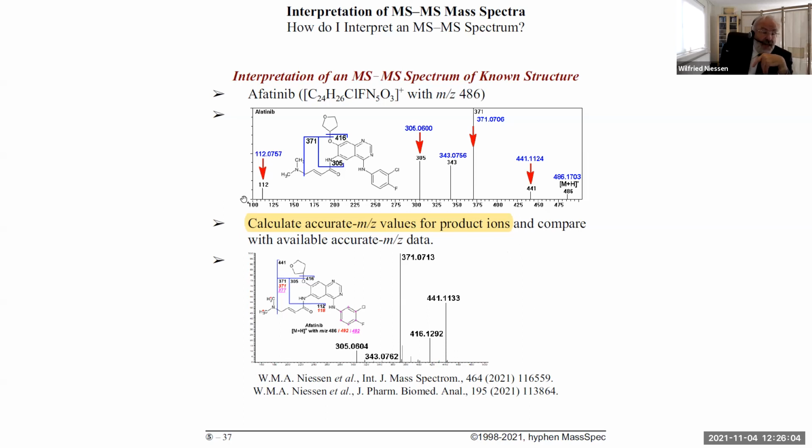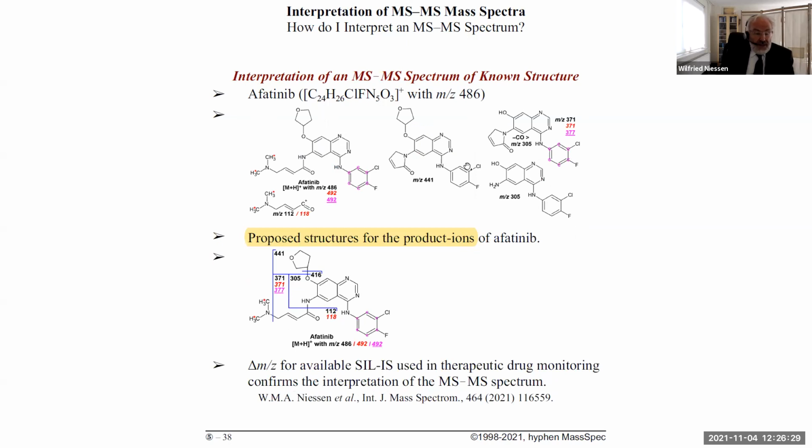And of course, in the ion trap, we don't see the 112 because that's way below the 30% of the M+H of the precursor ion. And we also don't see the M+H because in the ion trap, the M+H is in most cases completely fragmented. Yeah, and there are also some numbers, and this is done on the next page as well.